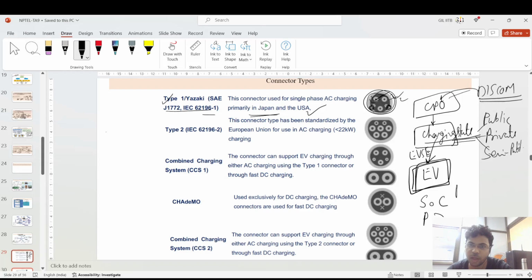And based upon that, these pins are there. One is for charging purposes and the other two, and three, are for communication. One more communication is there, that is the proximity control.